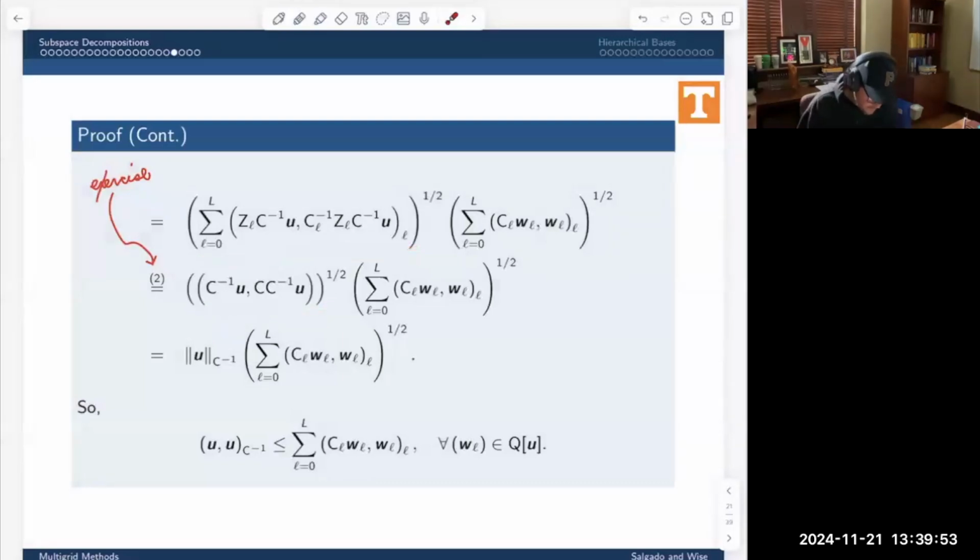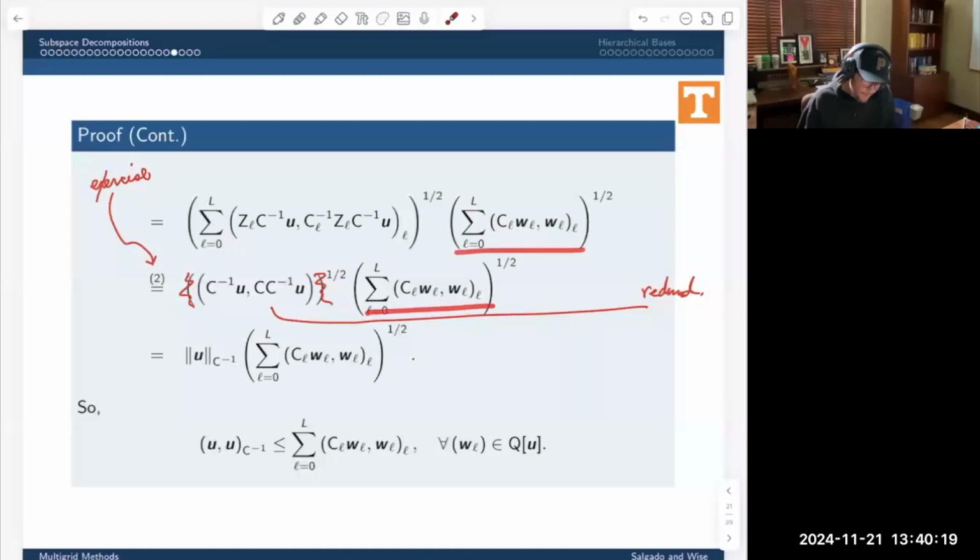I guess I don't need this extra set of parentheses here. That's a little bit redundant. I can just put a square root on that if I want to. What else? This guy here, I didn't do anything to that, right? Just left that alone. Now, C times C inverse, that just is the identity. So it goes away.